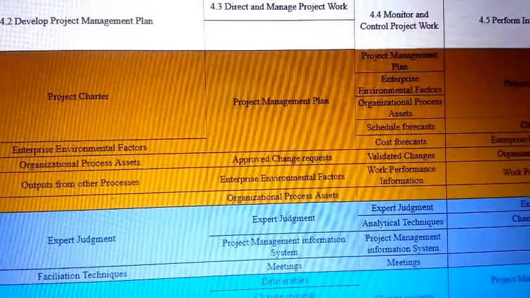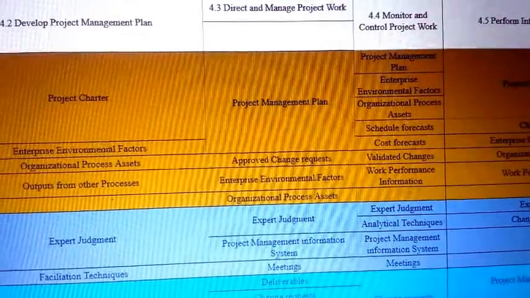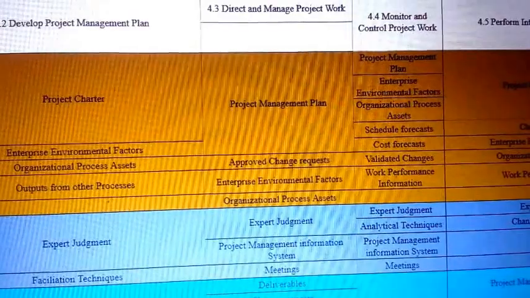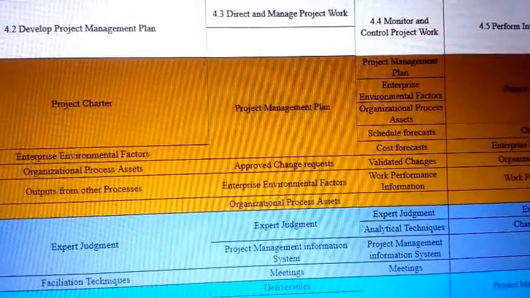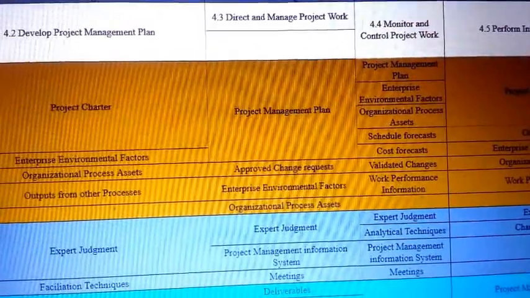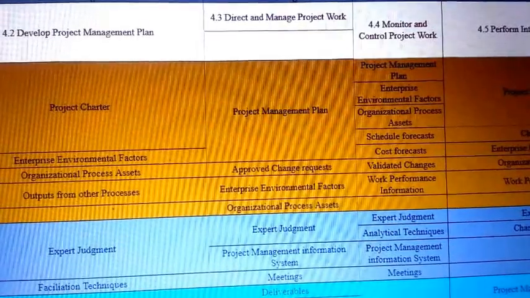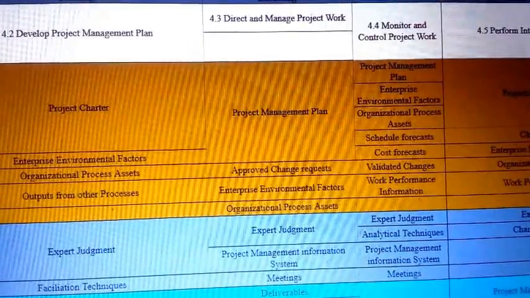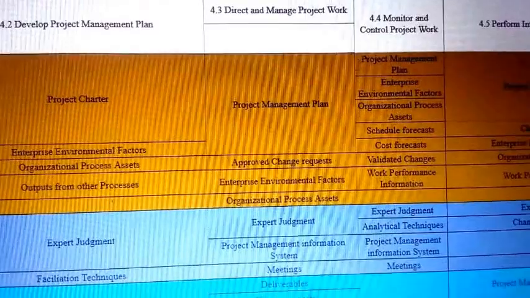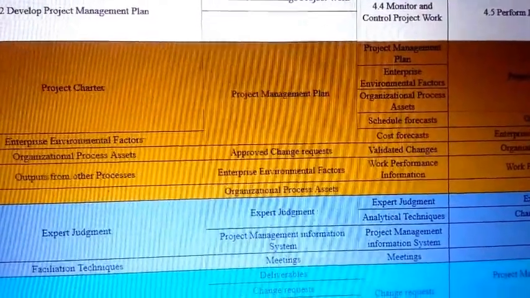And work performance information is pretty much the output of all the monitor and control processes, where this is actually the comparison of your work performance data with your planned or benchmark data. So these are the inputs for monitor and control project work.